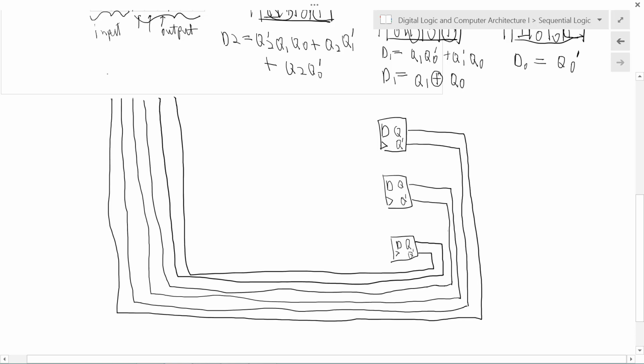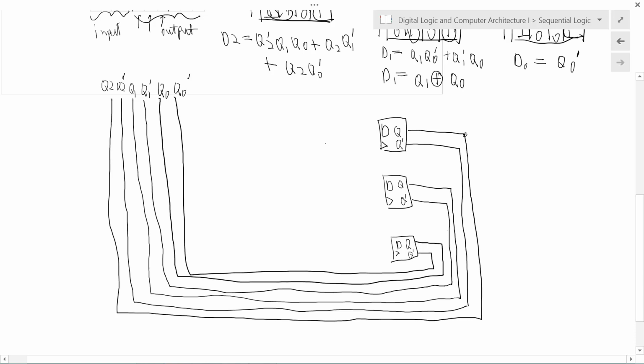Now we have all of our variables and their inverses. This is Q2, Q2 prime, Q1, Q1 prime, Q0, Q0 prime. These are our output variables, and we have our input variables.